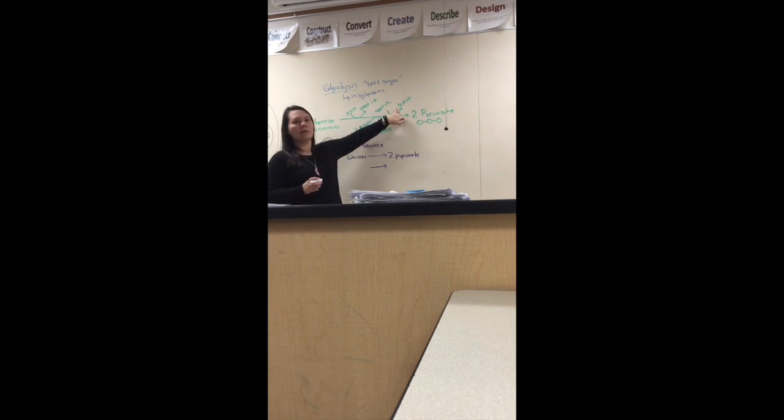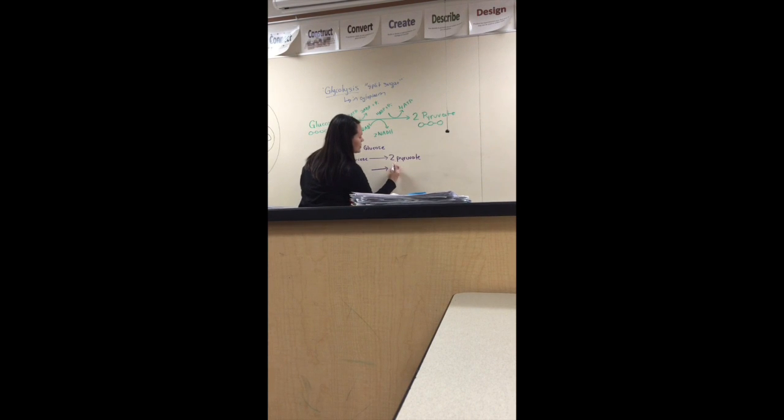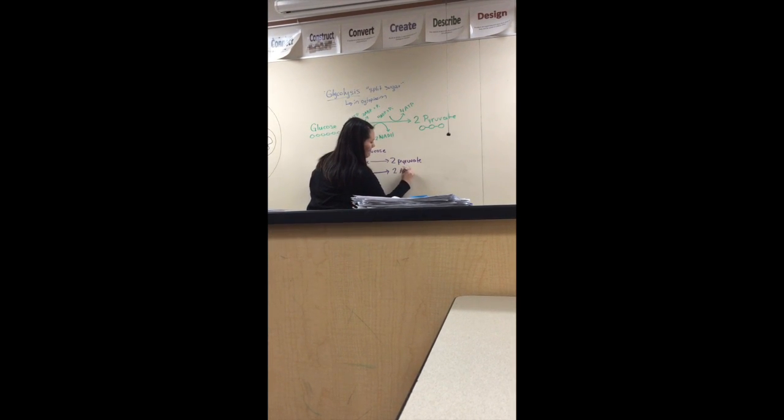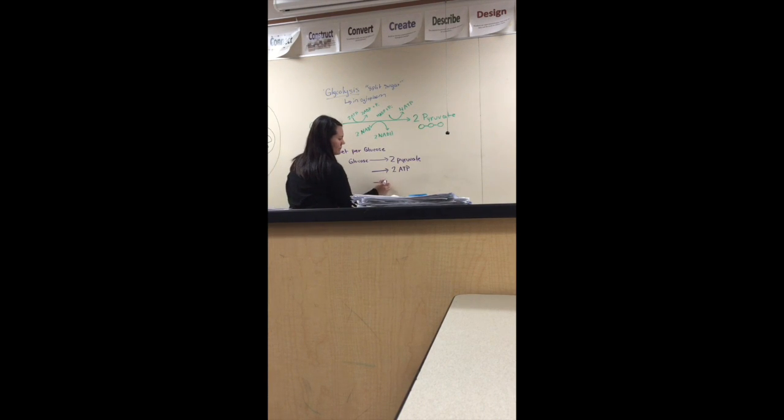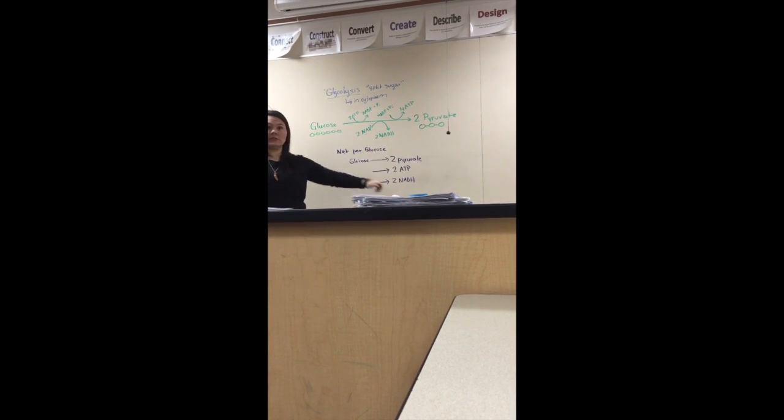Why are we saying 2 instead of 4? Because 2 are required to start it, and I'm asking for net, right? So I'm going to put 2 ATP. And how many NADH? 2 NADH. Okay, so in glycolysis, this is what is produced.